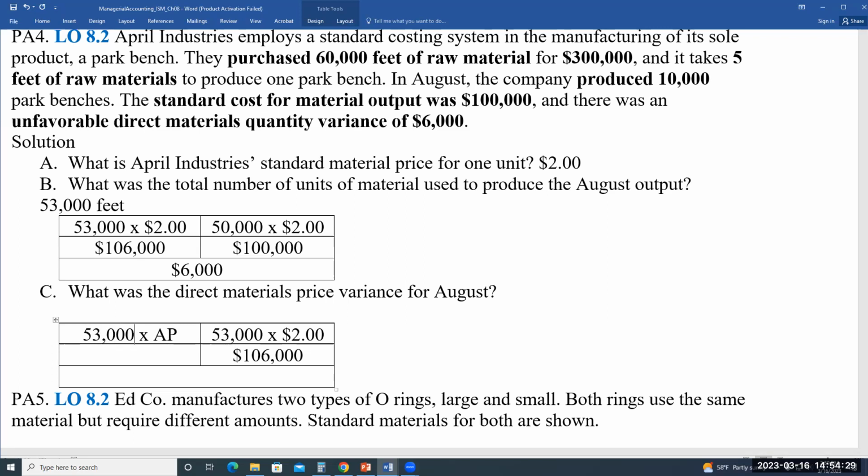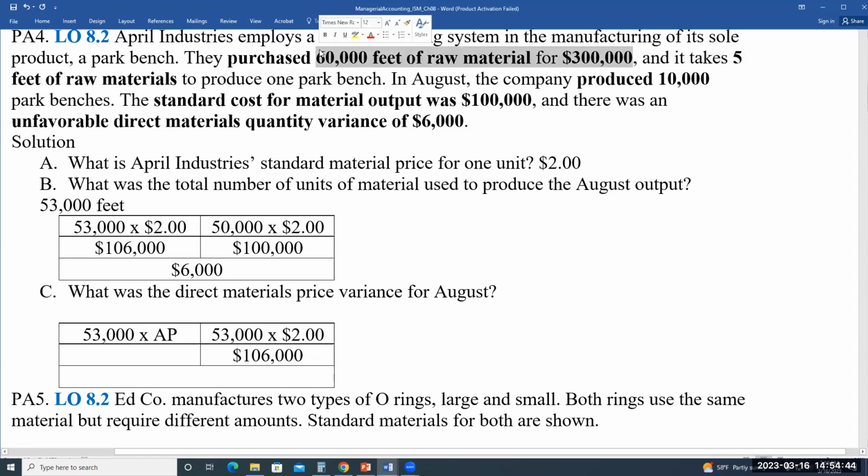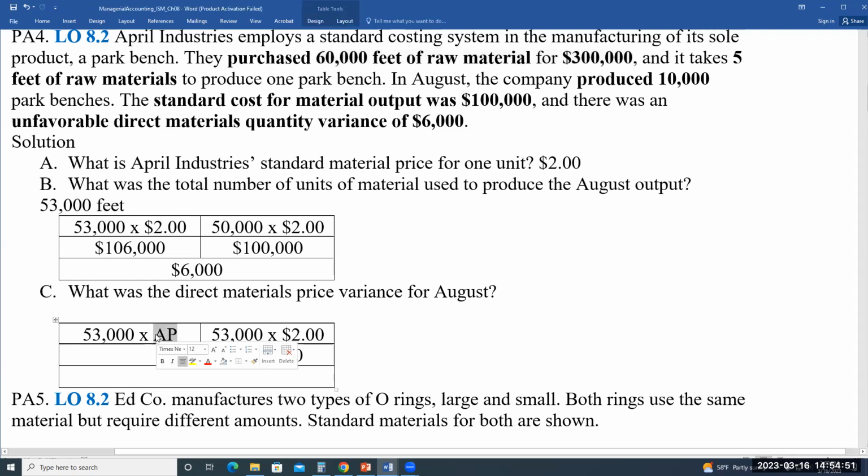What is the actual price we paid for the materials we purchased? Okay, how'd you get that, Zay? 300,000 divided by 60. Okay, so the actual cost of $300,000 divided by the 60,000 feet we purchased, whether we used it or not, gives us a $5 per foot rate.